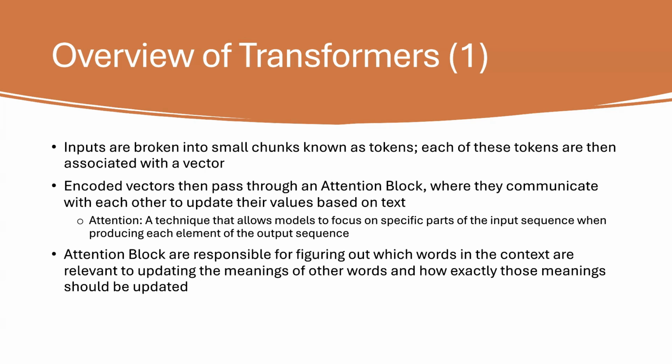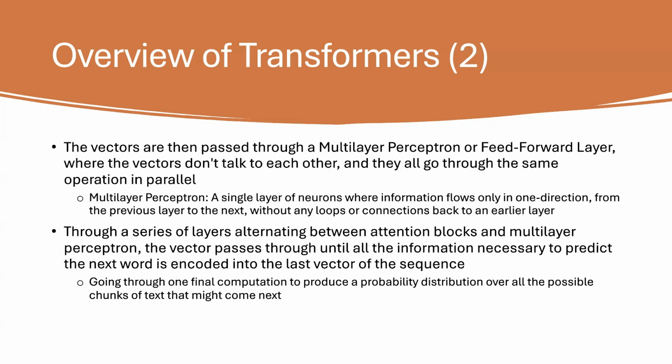Attention blocks are responsible for figuring out which words in the context are relevant to updating the meaning of other words and how exactly those meanings should be updated. The vectors are then passed through a multi-layer perceptron or feed-forward layer, where the vectors don't talk to each other and they all go through the same operation in parallel.